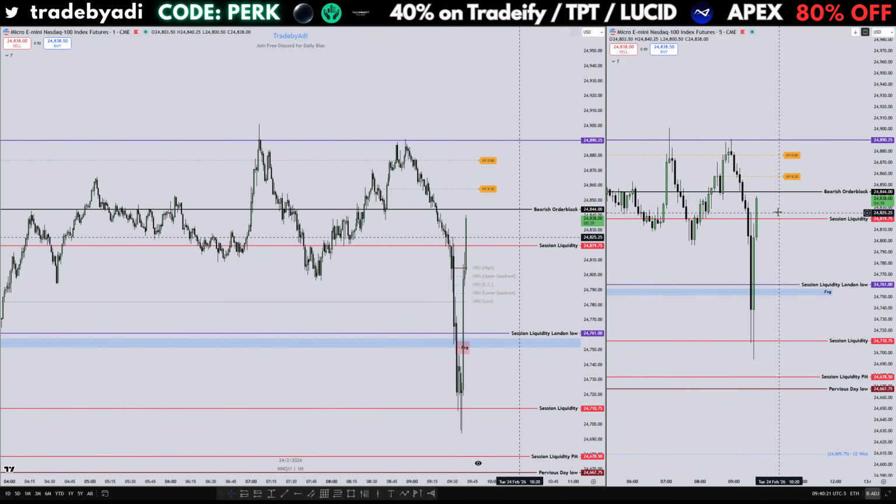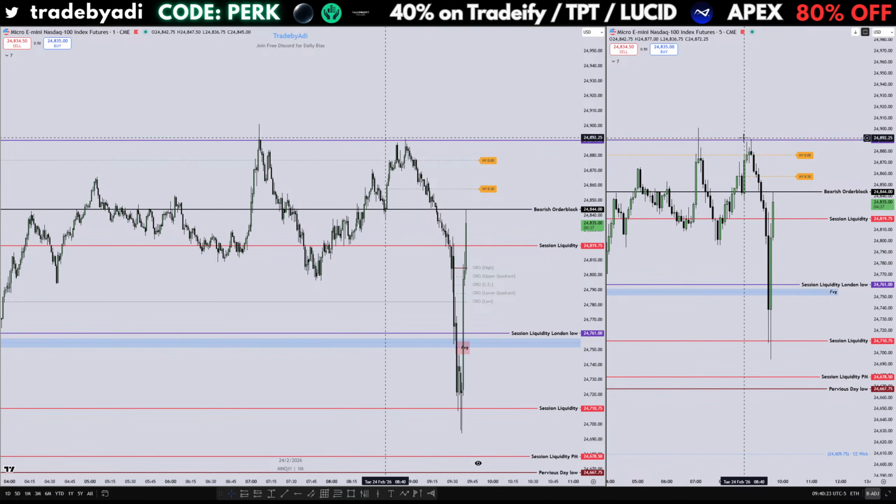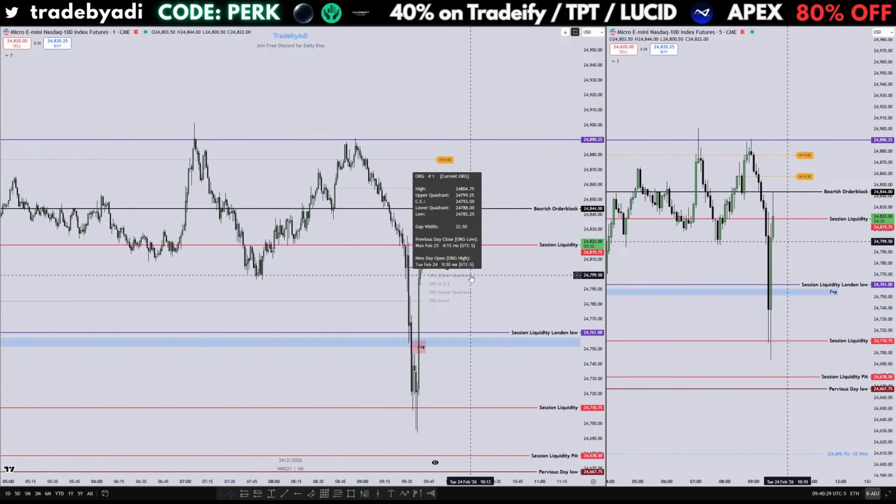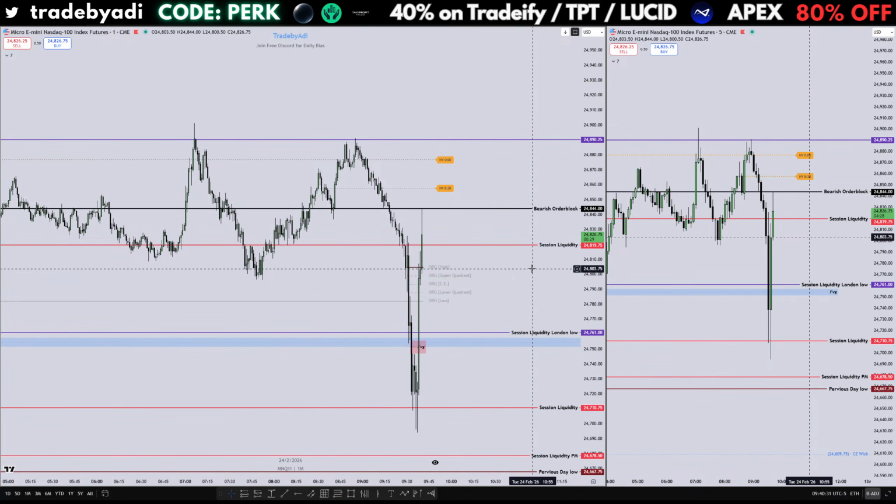Also, if you check the failure swings on a buy side liquidity, this is the 7 o'clock high. So we will wait for the 10 o'clock candle.